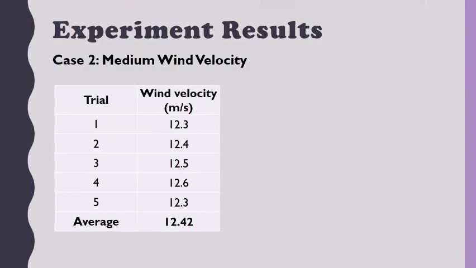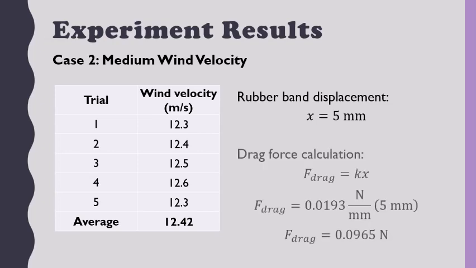The same method applies for the next two cases. For the case of medium wind velocity, the average wind velocity is around 12.42 meters per second, and the rubber band displacement is about 5 mm. So, performing the drag force calculation, it is found that the drag force is around 0.0965 Newton.